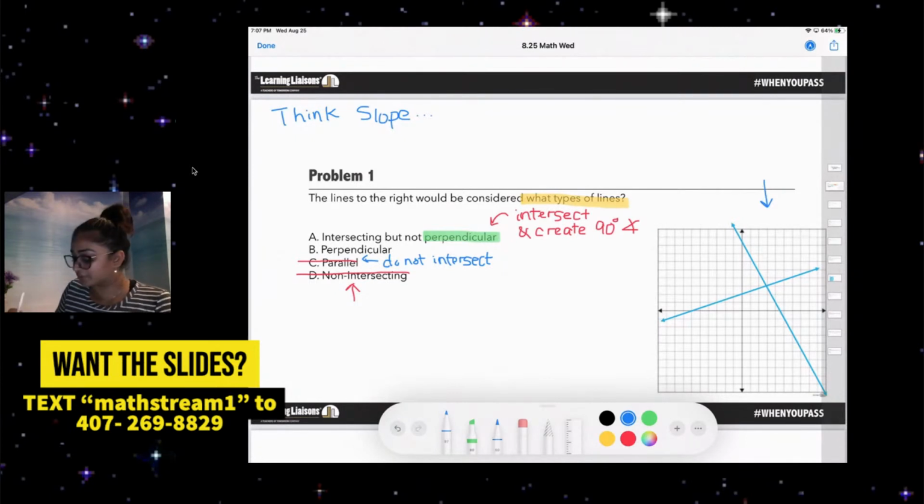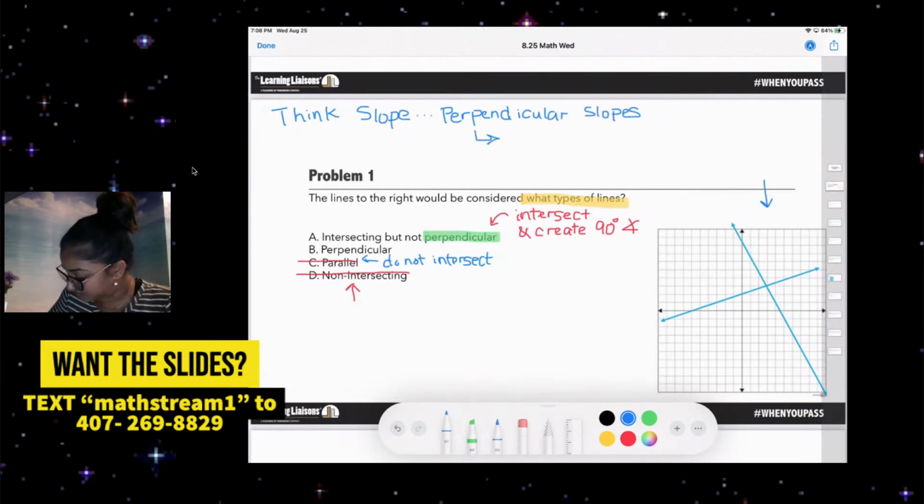Well, for perpendicular slopes, the slopes will be opposite signs. We'll talk about what that means, and reciprocals.